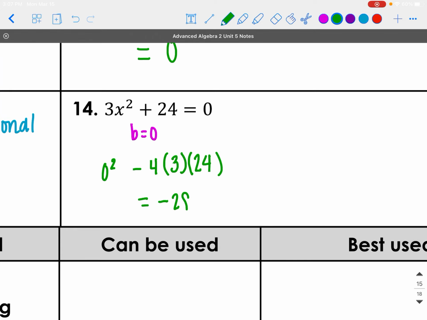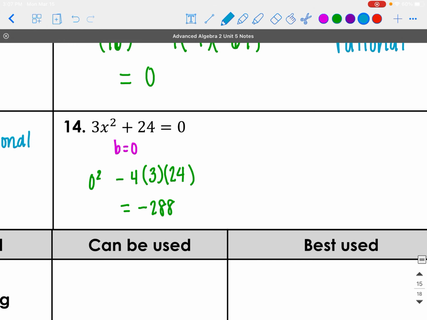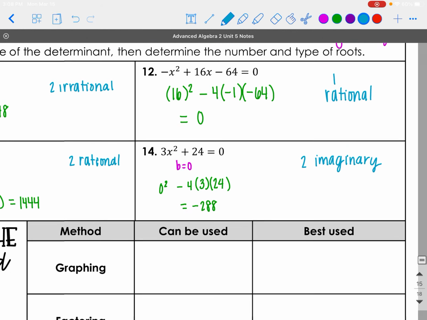And that is negative 288. Which means that we have 2 imaginary solutions, because that's a negative number. Now let's say that you got a negative number that was a perfect square. That would still be 2 imaginary solutions, even though it's a perfect square.